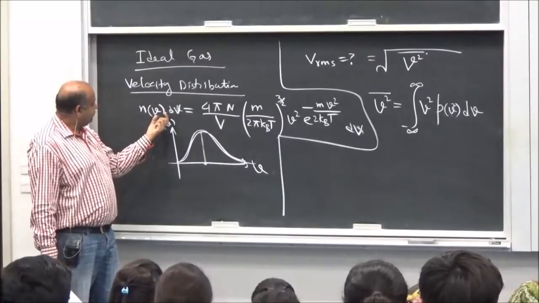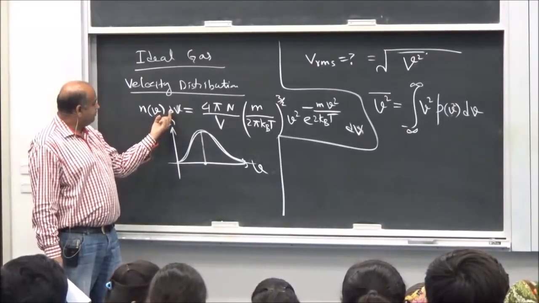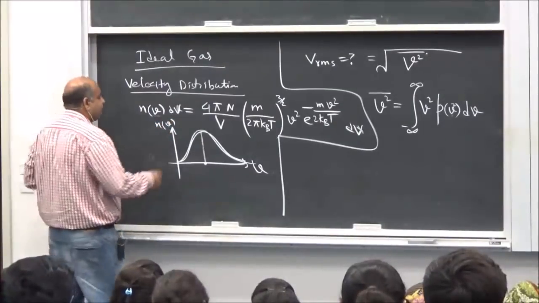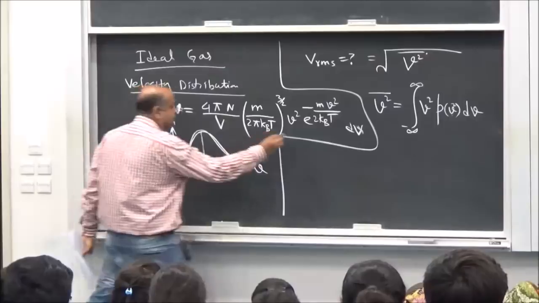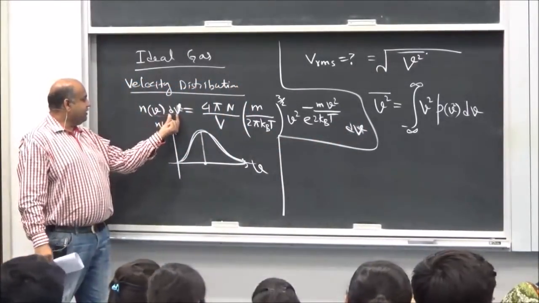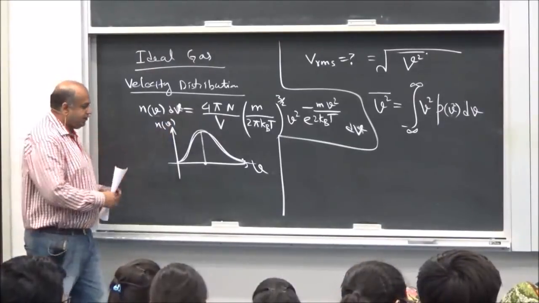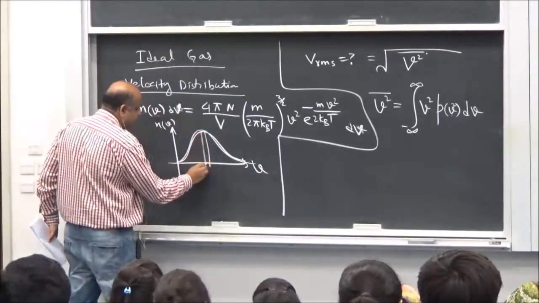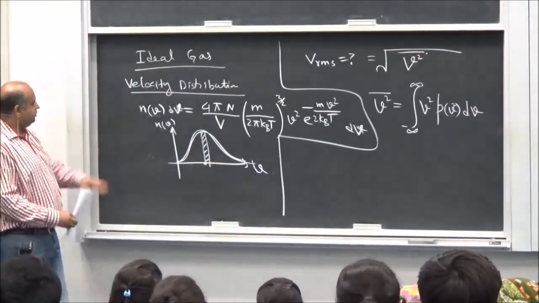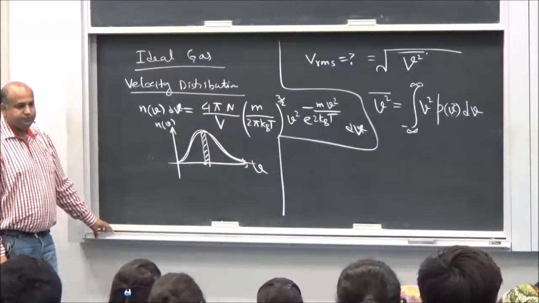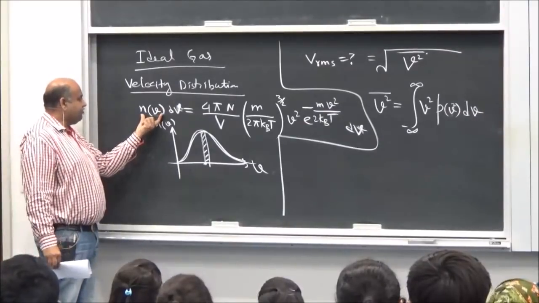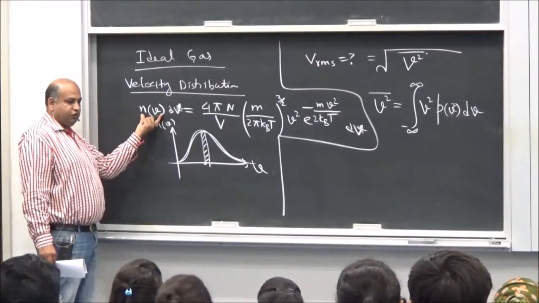So you can also multiply with a small region of velocity. Actually, that is also physically meaningful, because if I do this, then this is the number of particles in a given velocity band. कि यहाँ से लेके यहाँ तक जो ये dV region है, इसके अंदर कितने particles हैं per unit volume. So we can actually use both. So this is the number of particles per unit volume per unit velocity.